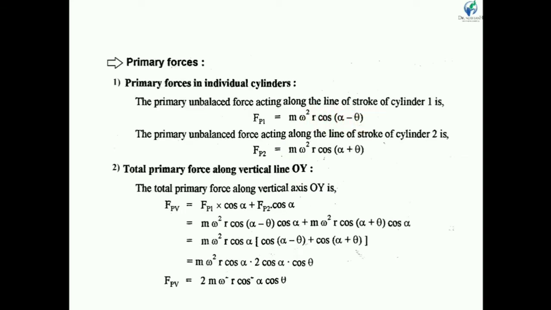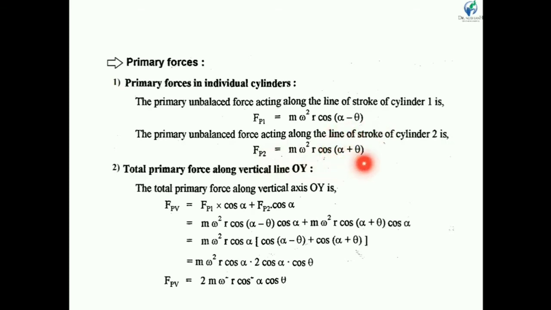So Fp1, that means the primary unbalanced force in cylinder 1, becomes m omega square r cos in bracket alpha minus theta. Similarly, the primary unbalanced force acting along the line of stroke of cylinder 2 is Fp2, for cylinder 2. So m omega square r into cos.